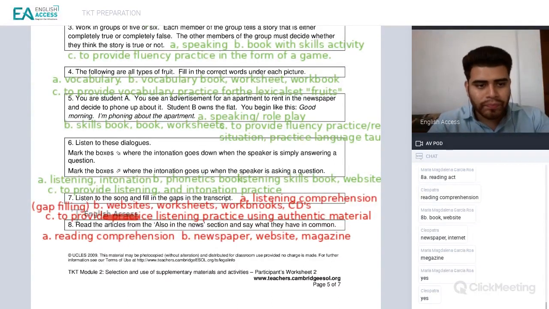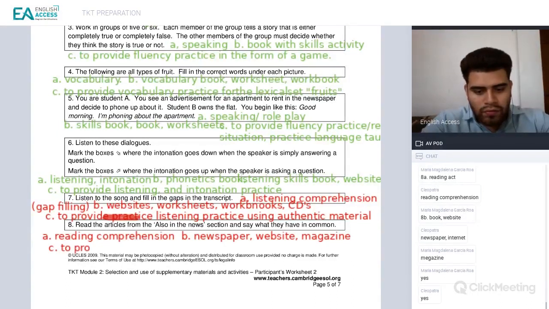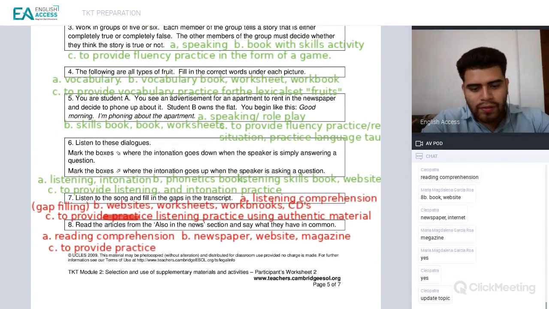All right. And C. What is the teacher's aim or reason for using it? To provide practice.